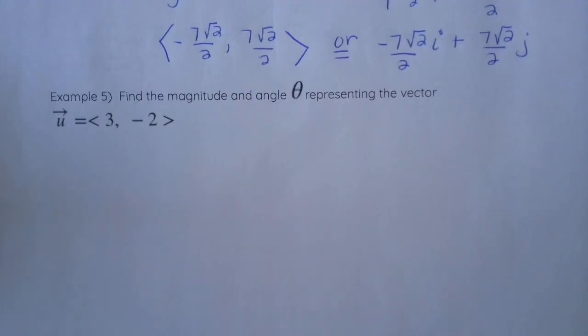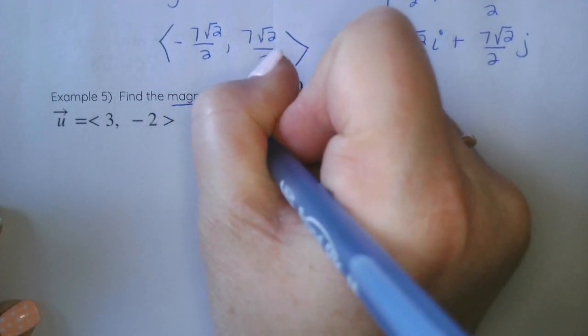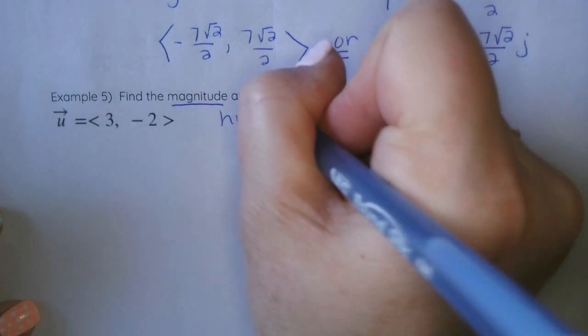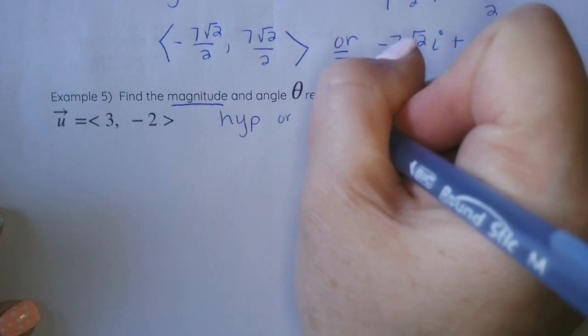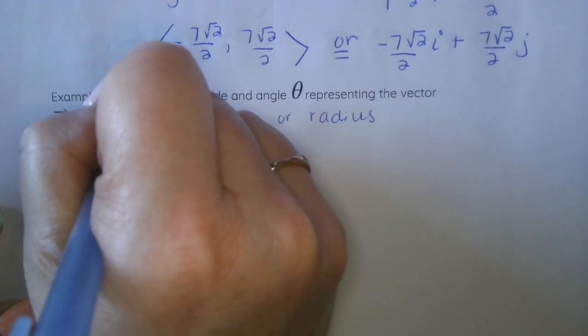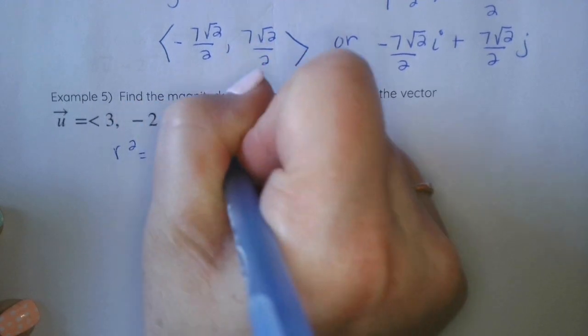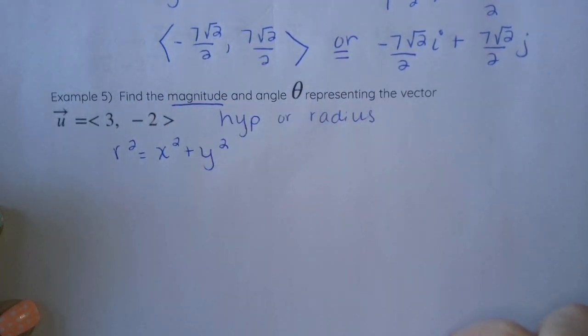Find the magnitude and angle theta represented by the vector 3, negative 2. We know that the magnitude represents the hypotenuse, or the radius. I also know that radius squared can be found by taking x squared plus y squared.